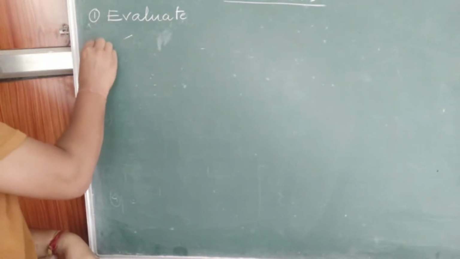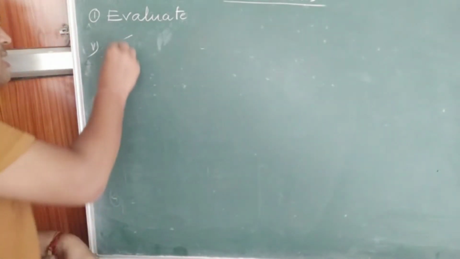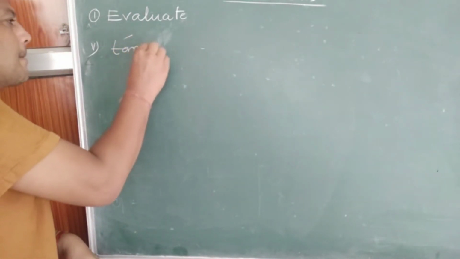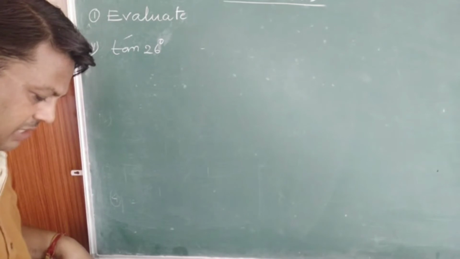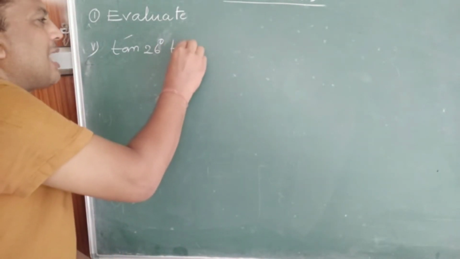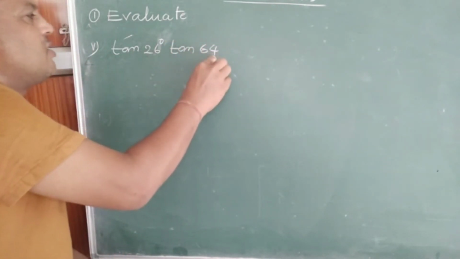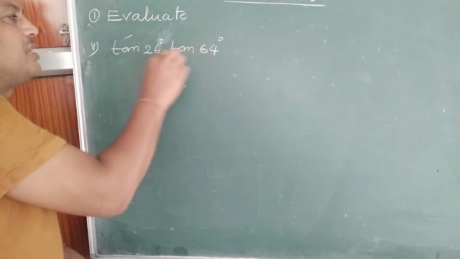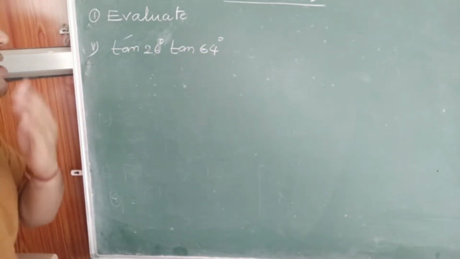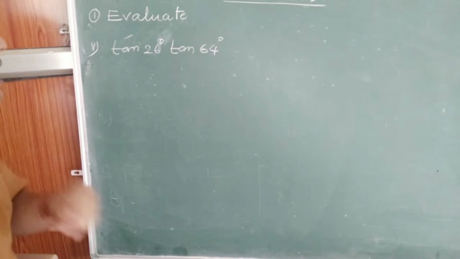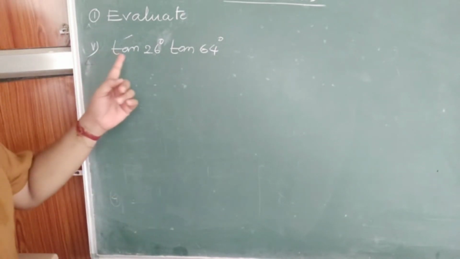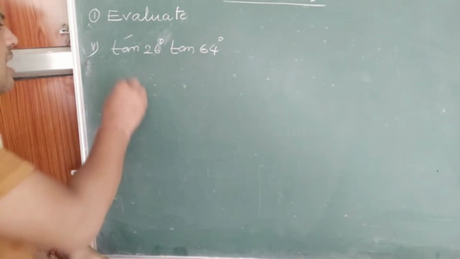And the last part of this question is tan 26 degree into tan 64 degree. Check it. 4 plus 6, 10. 6, 2 plus 8, 1 carry 9. So this is also a complementary angle pair. Either you convert this or convert that, as you wish.